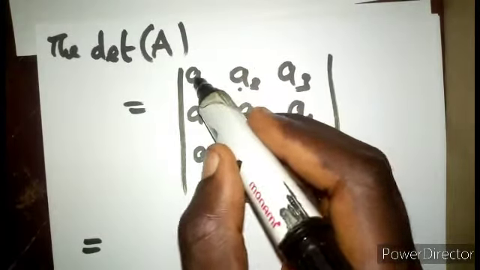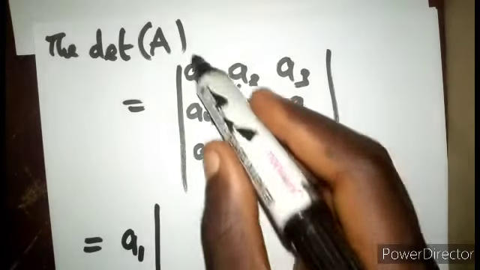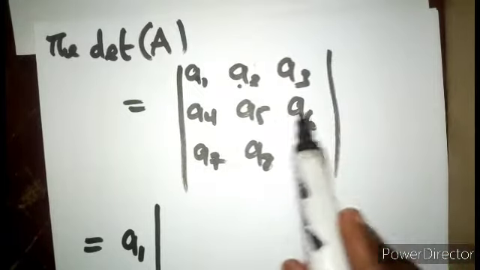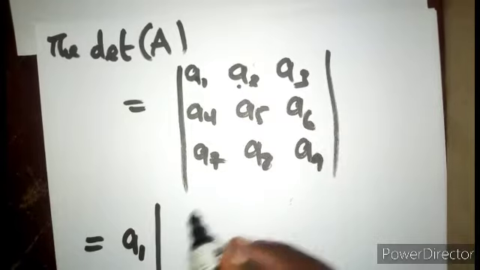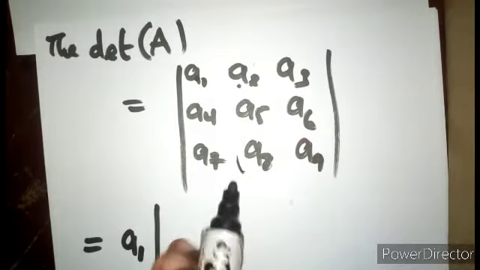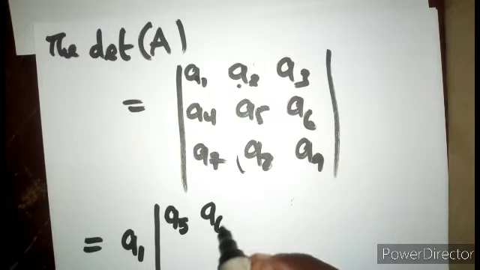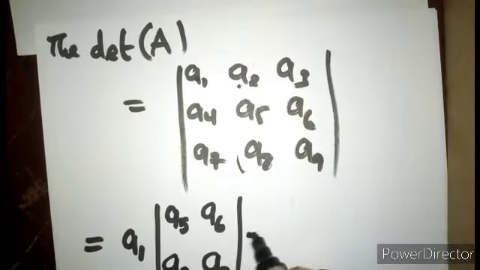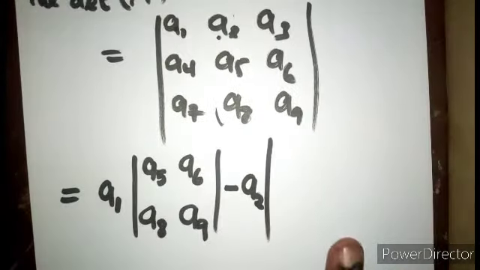The first entry here is A1. A1 times, if you cancel this column and this row, we'll be left with this 2 by 2 matrix, and this 2 by 2 matrix's determinant is what we put here. So we have A5, A6, A8, A9, minus this entry A2 times the determinant there.